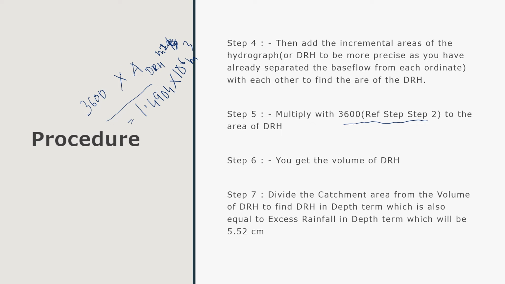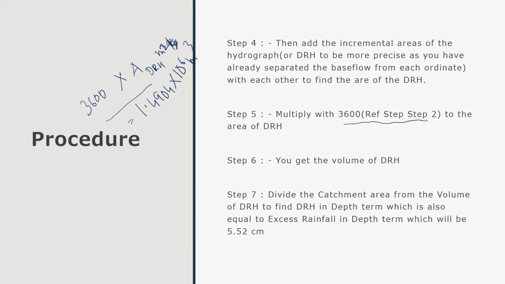Now again I am saying that you will ask how I have got this as meter cube. This is a question that you can raise, and I have shown you how to calculate the area of DRH.